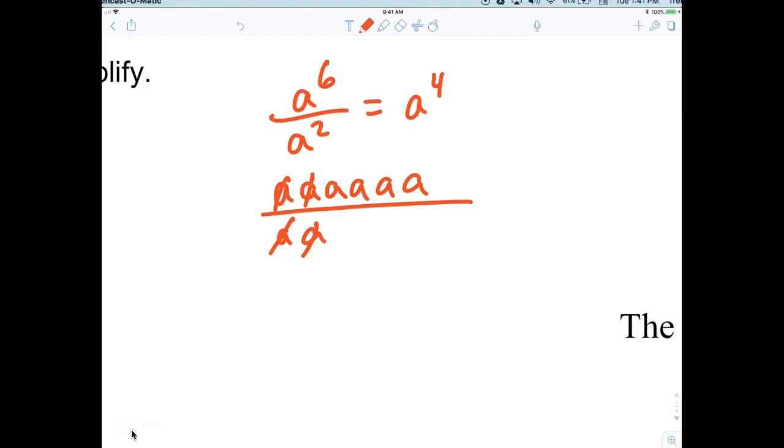So my answer is a to the 4th. Everybody see that? So now it's safe to say when I divide variables, you subtract the exponents. That's the rule, which is kind of obvious because yesterday we said when you multiply variables, you add the exponents. Is everybody okay with that so far?